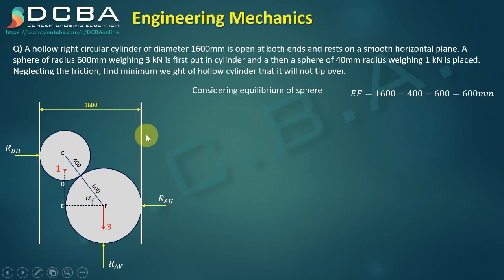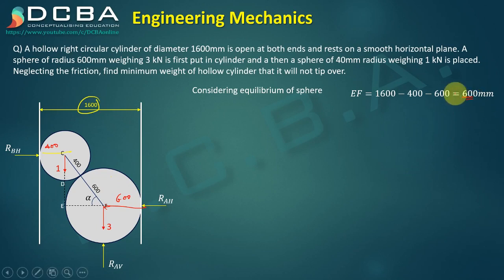But before that, let us find these angles, because we would be requiring these angles. So EF, we can understand it is 1600 minus 400 here. It is 400 at this point and 600 at this point. So 1600 minus 400 minus 600, it is 600 mm, okay?